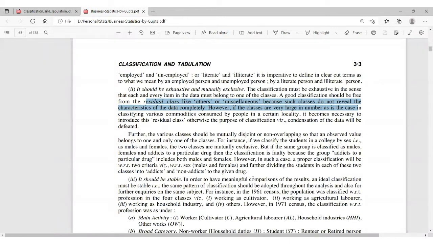And exhaustive means each and every class. When we gather all of them together, all the classes are defined for that individual. Each and every class.